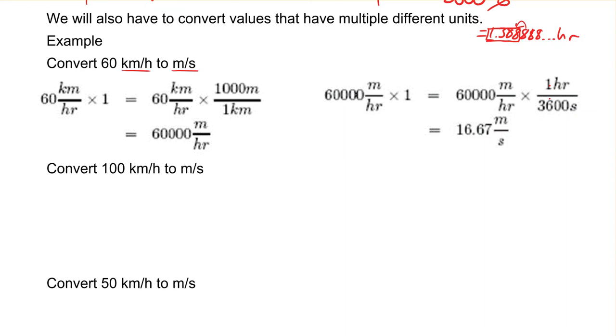That's a very common example of a speed limit. When somebody writes kilometers per hour, they really mean kilometers in 1 hour. How many kilometers would you travel in 1 hour? You would travel 60 kilometers in 1 hour.